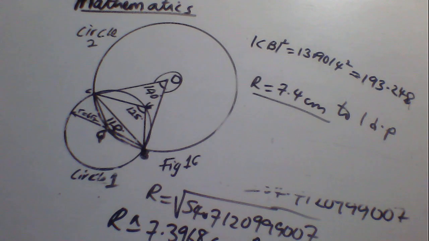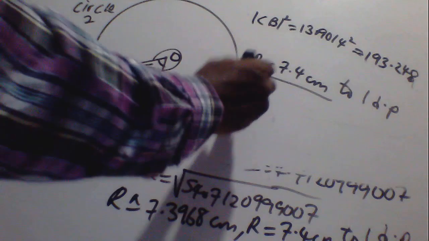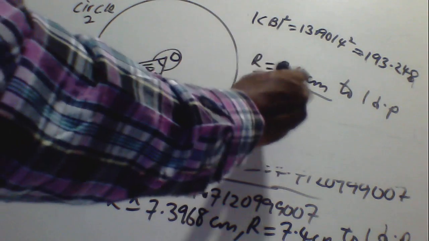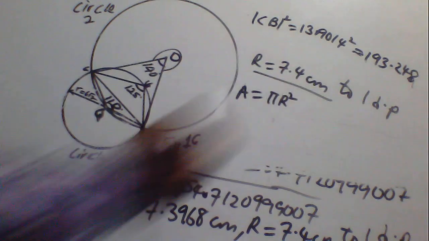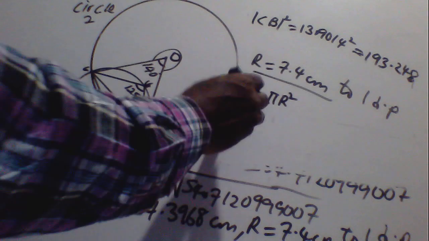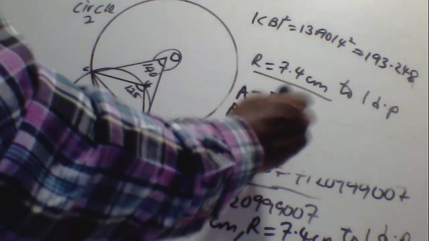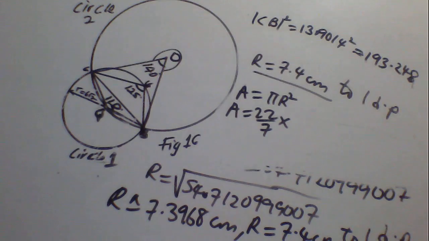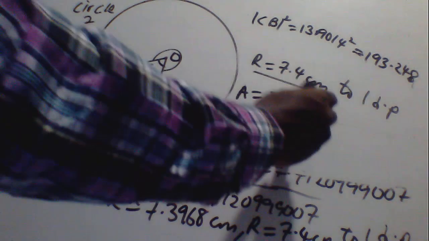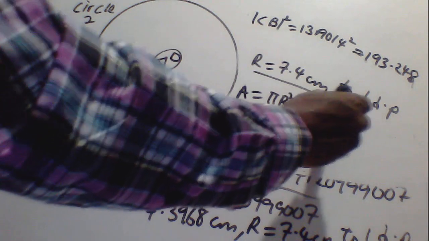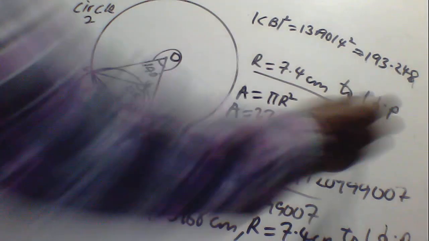So from here, let's find the area. Area is equal to pi r squared. We are asked to take 22/7 as pi, so A is equal to 22/7 times r. Use the r here before approximation, which is 7.3968 squared.